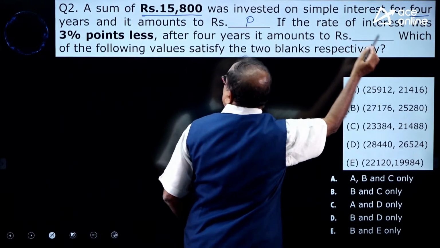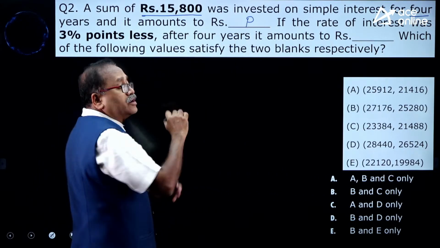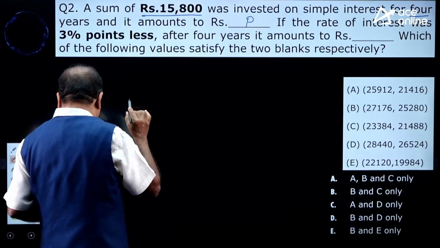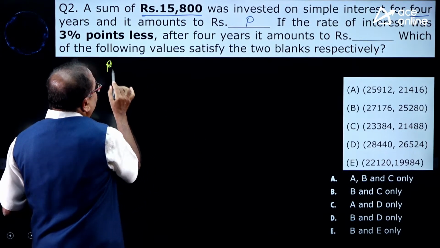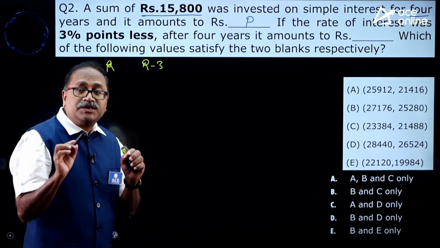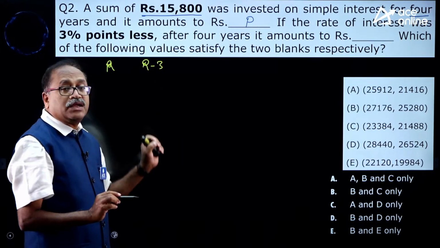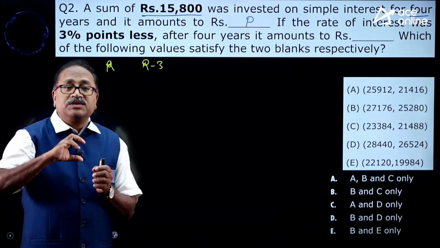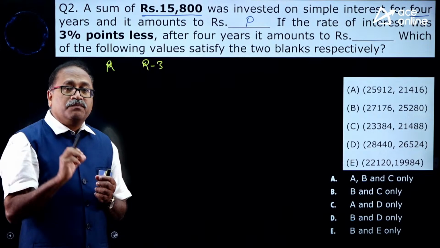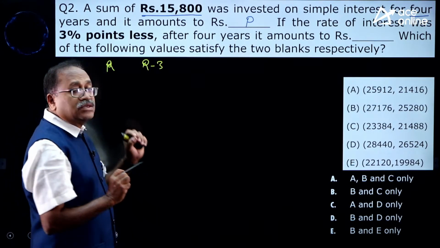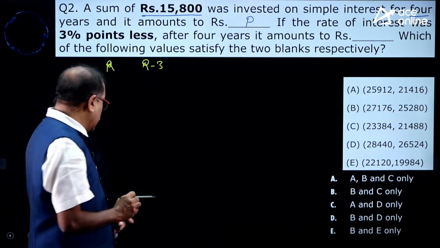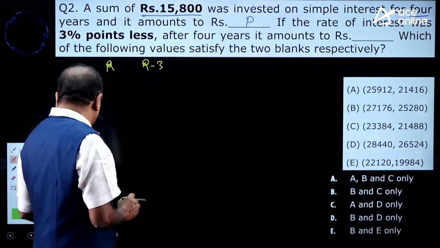If the rate of interest was 3% point less, so if the rate of interest initially was R, in the second case it is R minus 3 percentage point, R minus 3. Percentage point means the difference between one percentage to another percentage. So in the first case the rate of interest is R, in the second case the rate of interest is R minus 3.